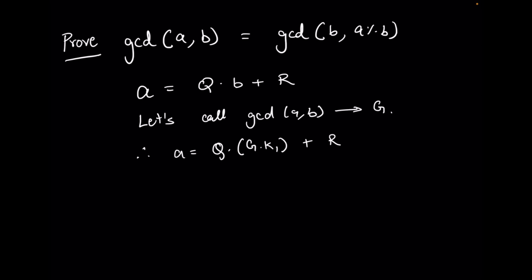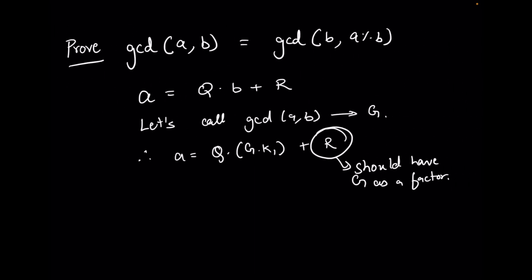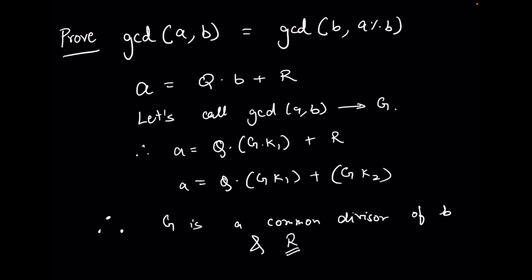But the second term R, we can't explicitly see a factor of G in it. But if G has to be a factor of A, it should be present in both of these terms as factors. So that means that R should have G as a factor of it. This means that we can write R as G into K2.